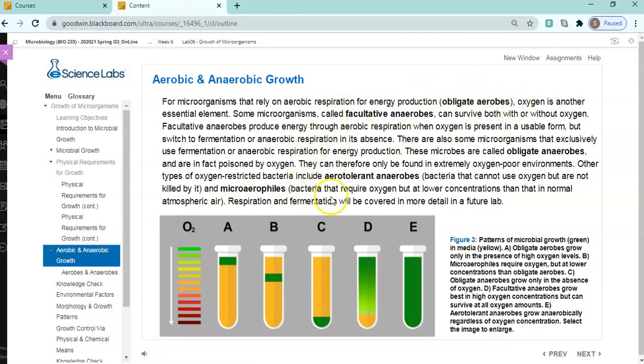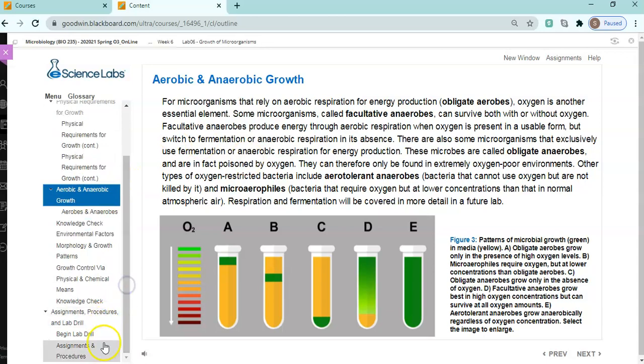Make sure that you go through and you review the different types of aerobic and anaerobic growth, such as obligate aerobes, which require oxygen, obligate anaerobes, which do not grow on and are actually poisoned by oxygen. And then some of the other conditions, like microaerophiles, which grow at very minimal concentrations of atmospheric oxygen.